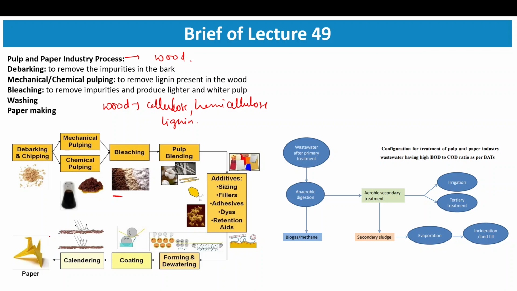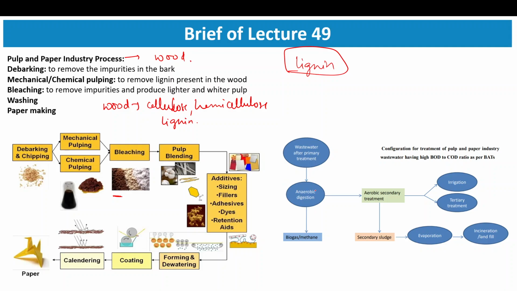Right, so this industry is very extensive in wastewater generation. It generates high quantities of wastewater, which can have a high quantity of lignin and other chemicals used for removal of lignin and so on. Wastewater is firstly given primary treatment, which undergoes anaerobic digestion.